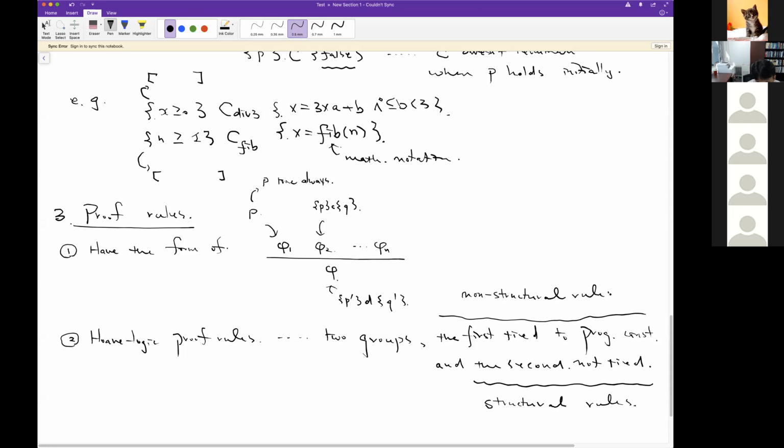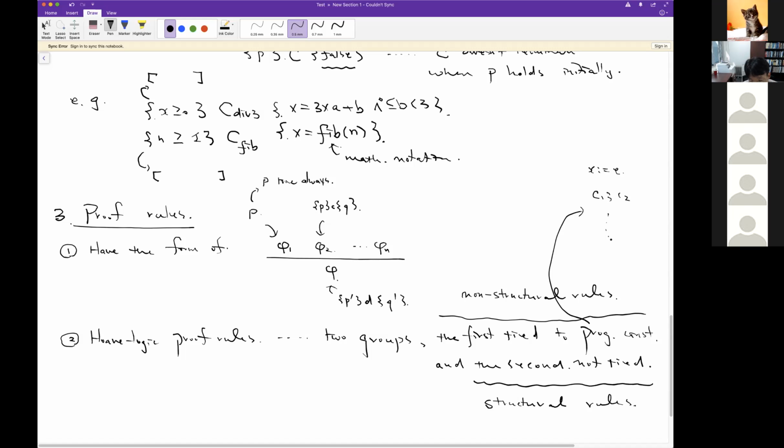So what do I mean by tied to the program construct? We have program constructs: skip, assignment, sequential composition, if then else, and the while loop. Each of these constructs comes with a proof rule.